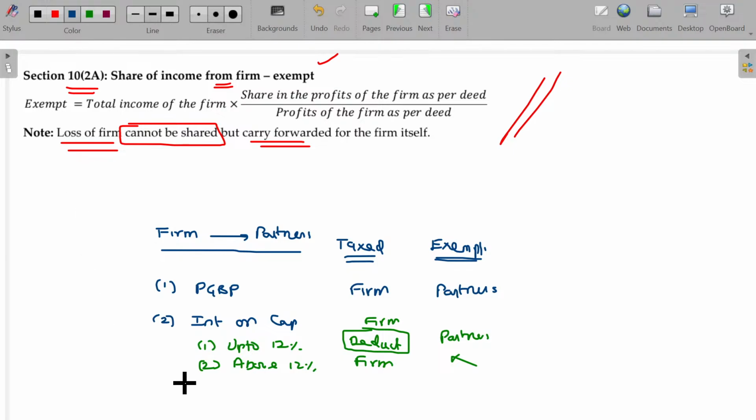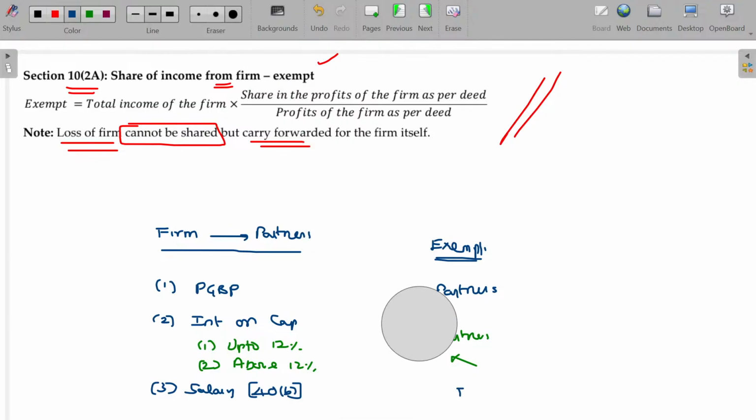And third scenario, salary as per section 40 clause B. Deducted in the firm, not taxed in the firm but taxable in the hands of the partners. Okay, here it is exempted and here taxable.